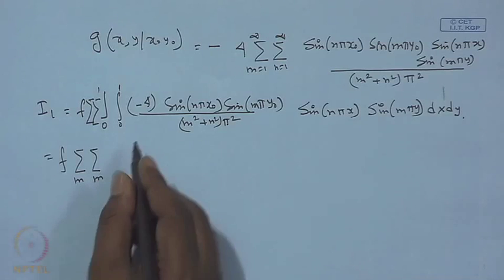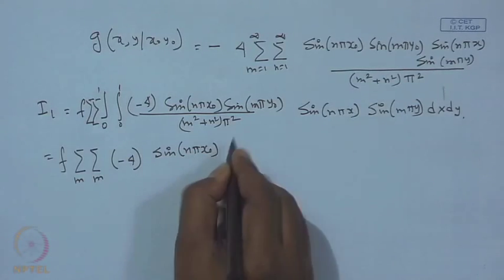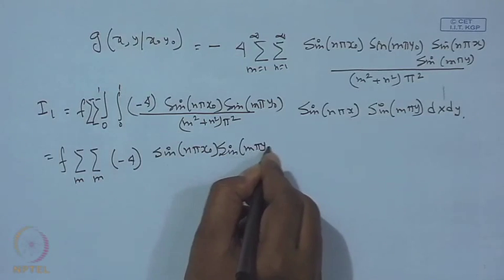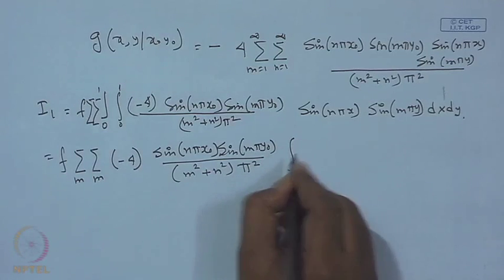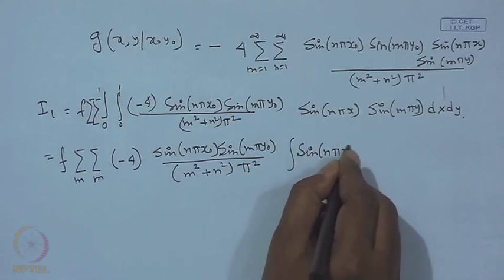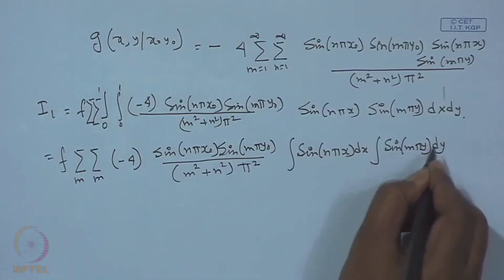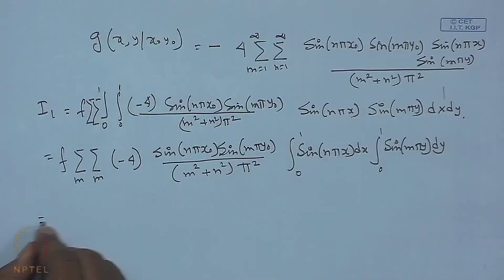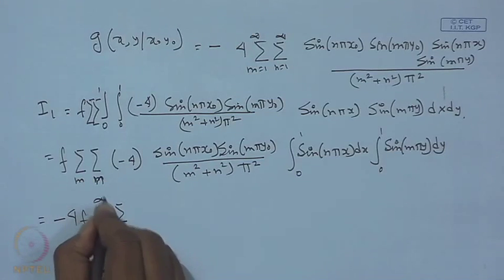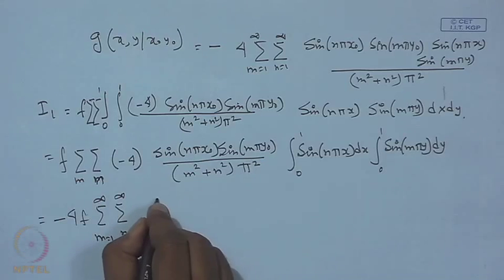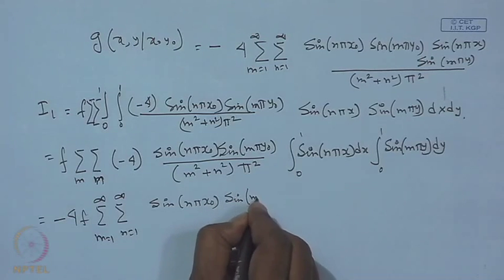Summation over m, summation over n, minus 4 sin n pi x naught sin m pi y naught, divided by m square plus n square pi square, integral of sin n pi x dx, integral of sin m pi y dy from 0 to 1, from 0 to 1, will be minus 4 f summation over m, summation over n, 1 to infinity, sin n pi x naught sin m pi y naught.